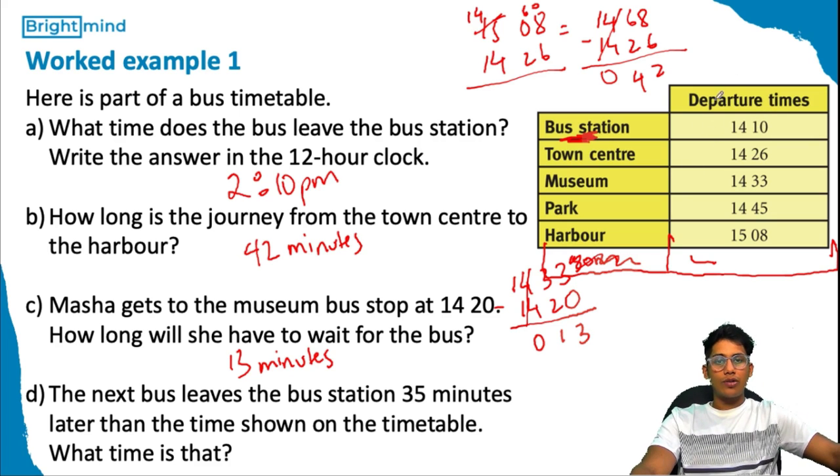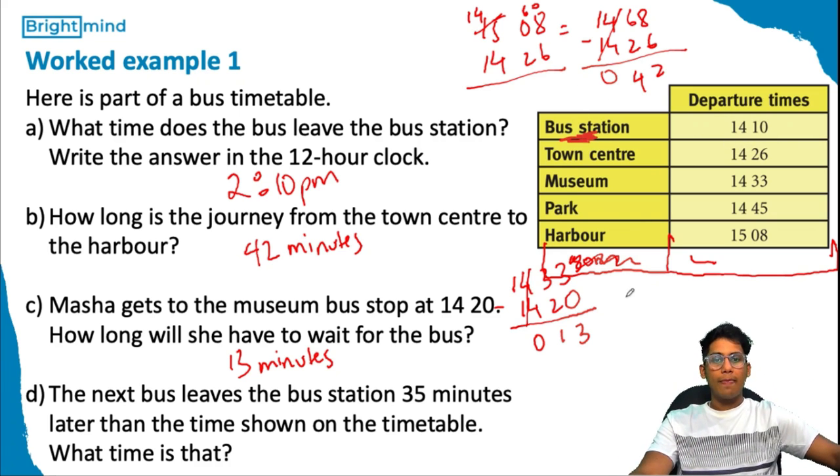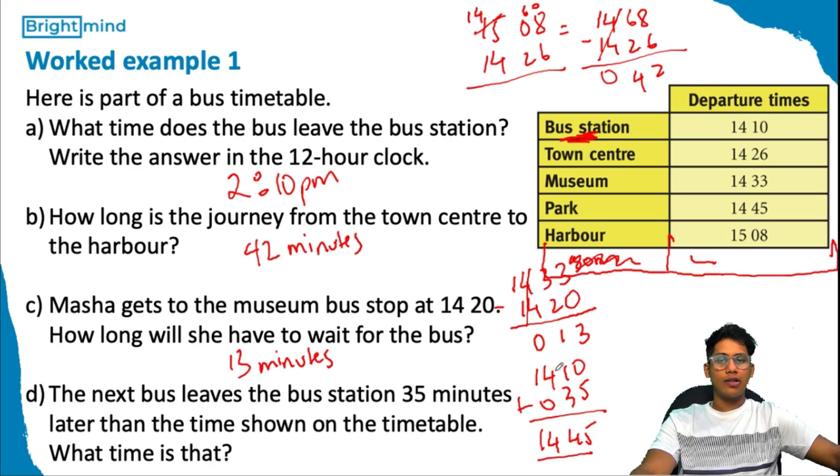Later means after. So what we do is 14:10 plus 35. We have to add 35 minutes, 0 hours, so that's the same as 45 minutes. So 14:45 would actually be the time that the next bus departs.